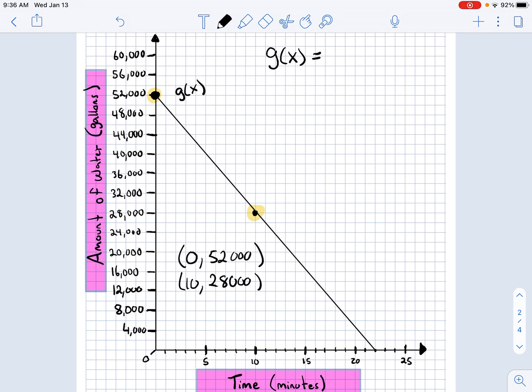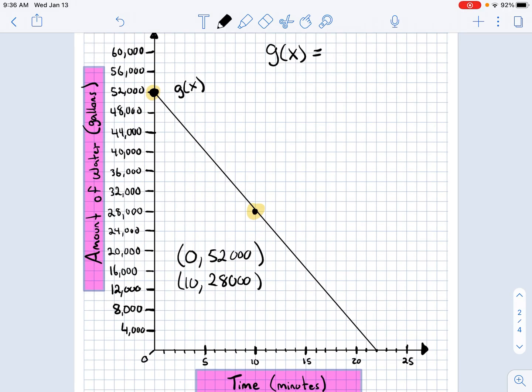So using the slope equation, to find the slope, I do y2 minus y1. I'll just write this equation here. y2 minus y1 divided by x2 minus x1.